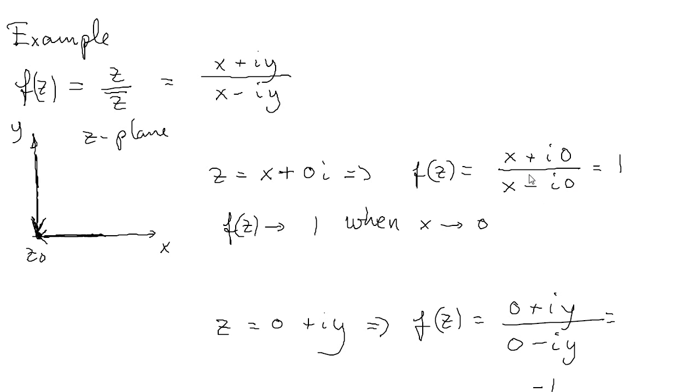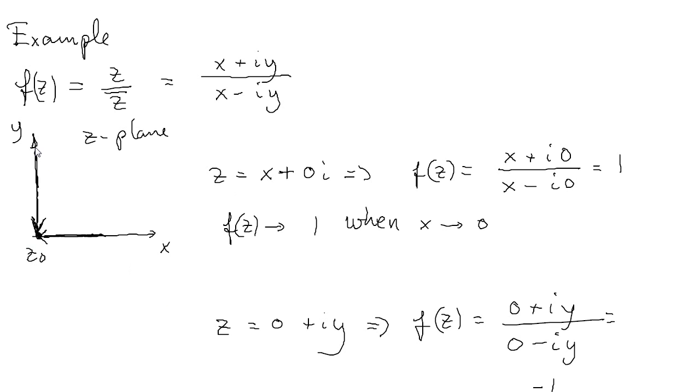So this number will be equal to 1 at any point. And of course, the function f of z must then approach 1 when x is approaching 0. So along this line we get one limit, and the limit is 1. The same happens if we go along this horizontal line from below, of course.